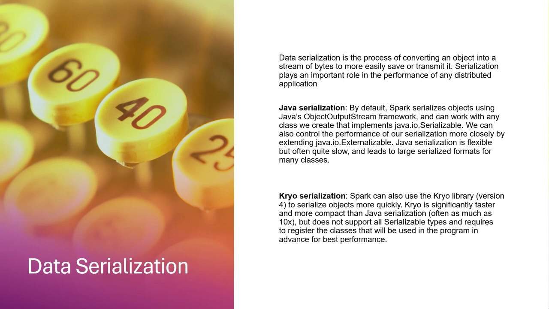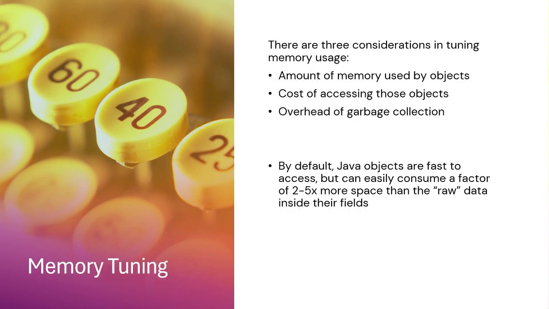So it does have some cons, but if we look at the speed at which the serialization happens, or the size of the bytes that is produced after serialization, that is very compact as compared to the ones created by Java serialization. So we need to cautiously choose what kind of serialization we want to use.